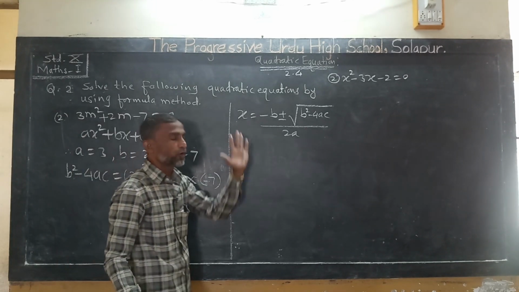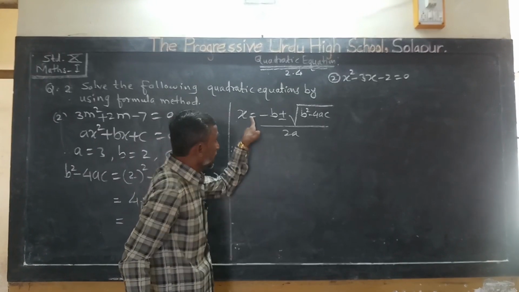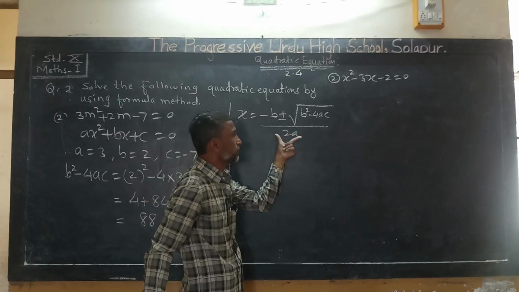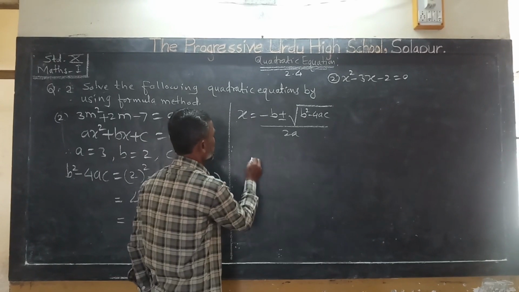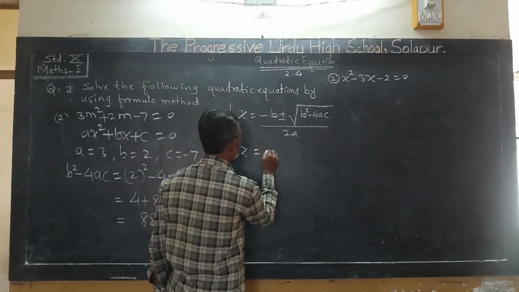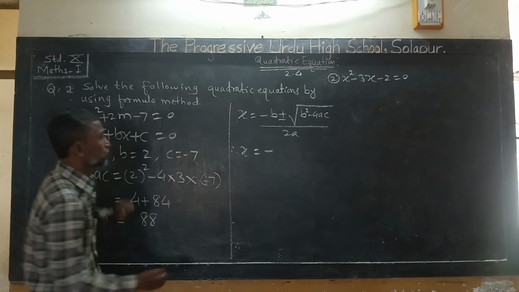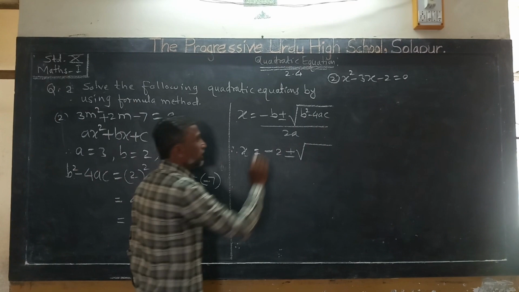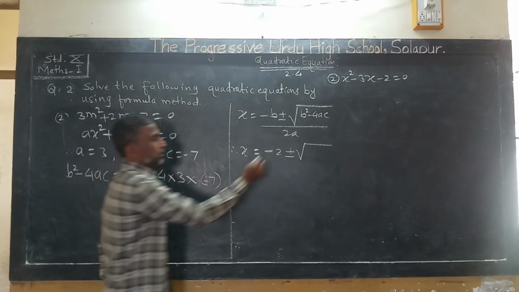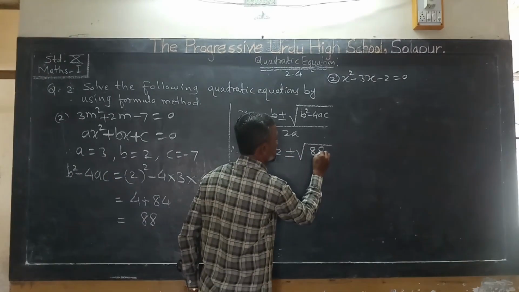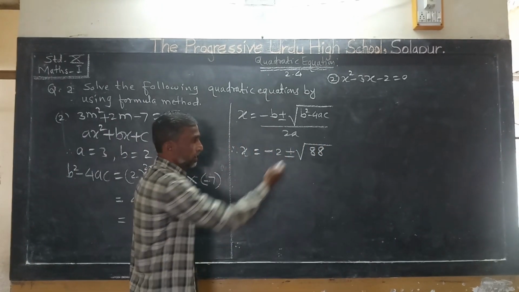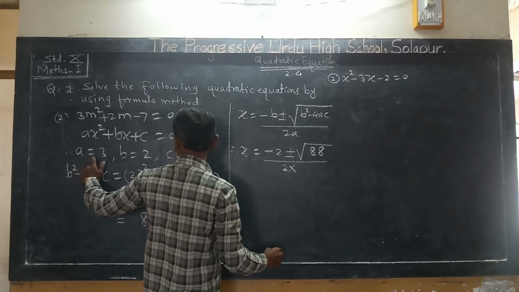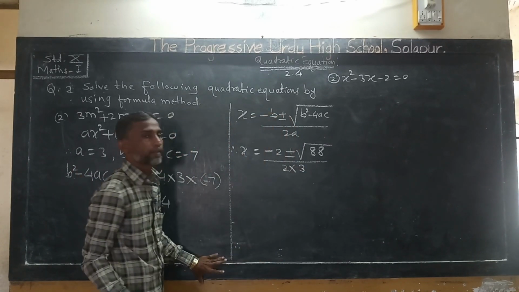Now again write the formula for finding the value of x. x is equal to minus b plus minus under root b square minus 4ac upon 2a. Now put the values. Therefore x is equal to minus value of b, 2, plus minus under root value of b square minus 4ac, which is 88, upon 2 into a is 3.